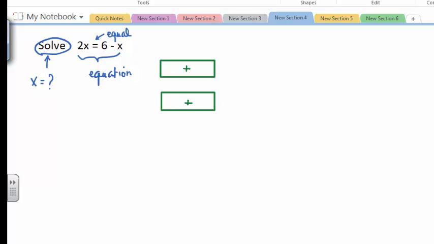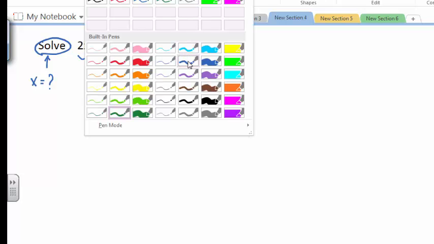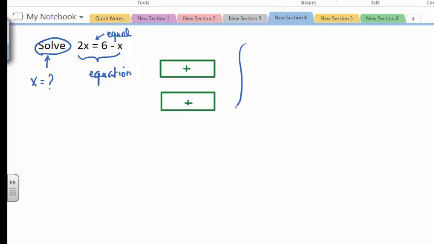Excellent. Now instead of saying equal, we're going to separate the two sides with a symbol this way. Now the right side, I have the number 6. 6 means a number, not a variable. That means I'm going to use square tiles, not rectangles. What color are the squares, positive or negative?